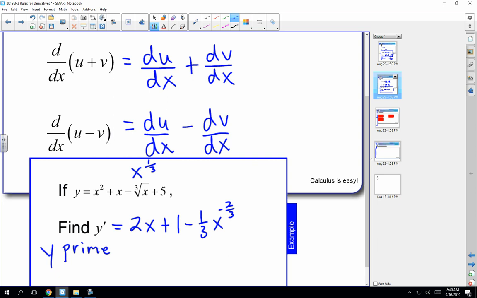Subtracting 1, 1/3 minus 1 gives us x to the negative 2/3, and then plus 0, and then we could clean it up and leave the 0 off. 2x plus 1 minus 1 over 3 times the square root of x to the 3rd. And that's using all four of those rules.